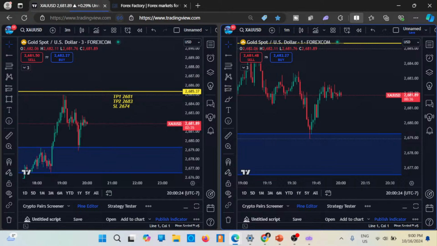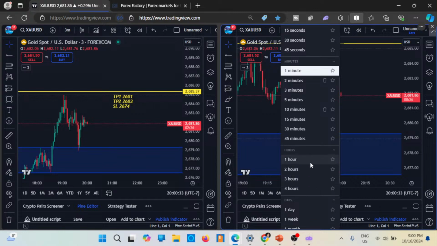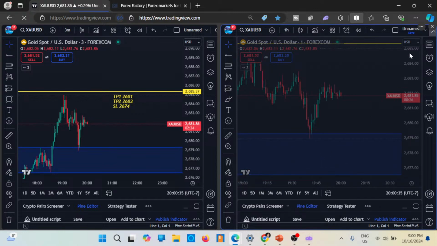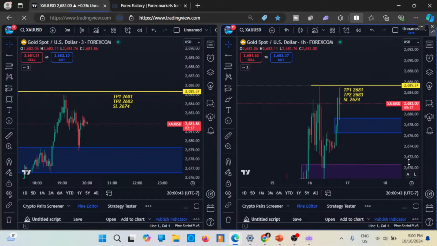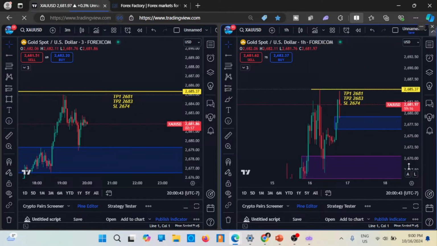I sell now. Will it go to support again? Oh, the 1 hour candle just closed. Let's go check it out. Okay, so we just got on the 1 hour time frame.